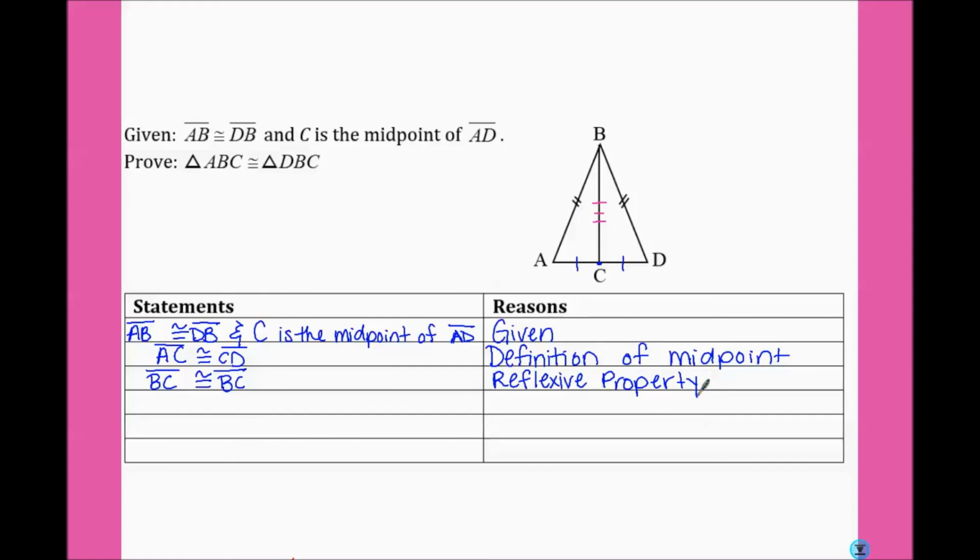Based on our picture, can we determine that these two triangles are congruent? We can, using the side, side, side theorem. Triangle ABC is congruent to triangle DBC.